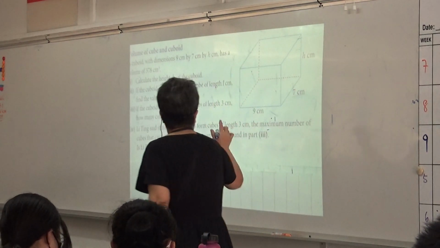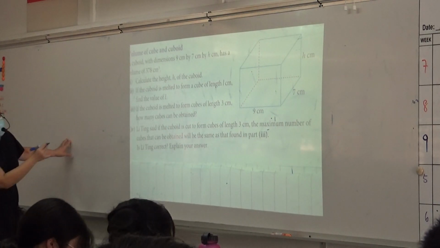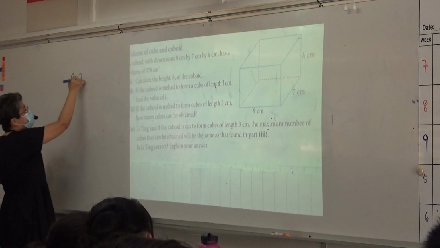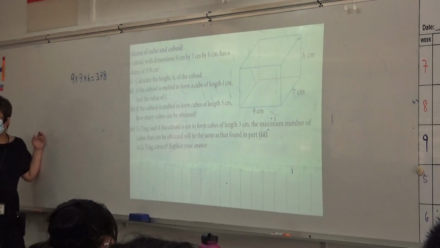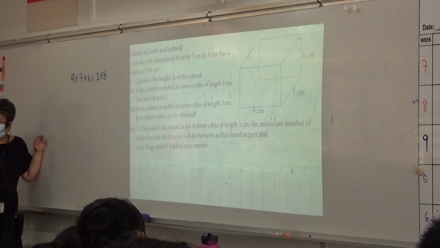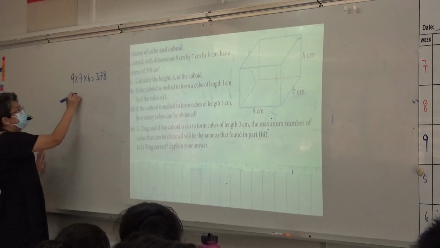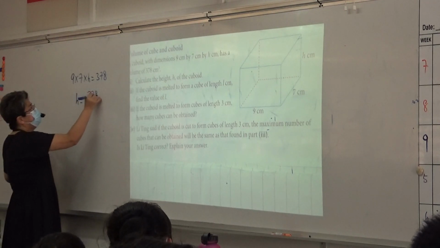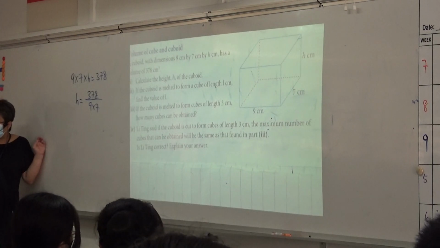Alright, now, volume is 378. Therefore, I will have 9 times 7 times h will give me 378. Is this correct? Yes. Length times breadth times height will give me 378. So, height will be 378 divided by what? 9 times 7, right?